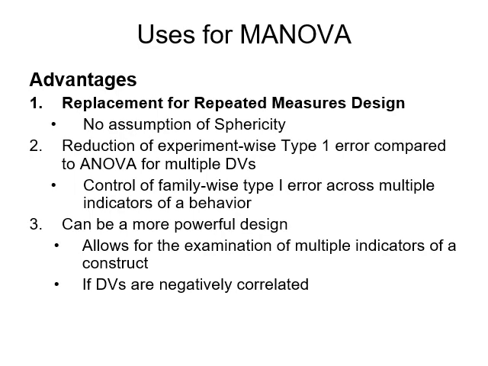Also, in some cases, the MANOVA can actually be a more powerful design than running individual ANOVAs, because it allows for the examination of multiple indicators of a construct, so we can actually fine-tooth the examination. So what really is happening here is there are two situations when it can be a more powerful design.